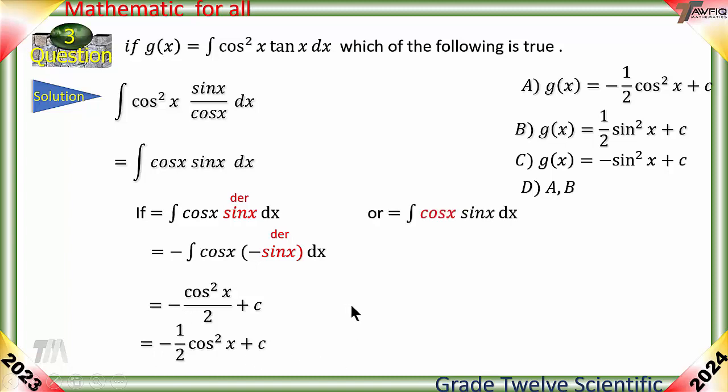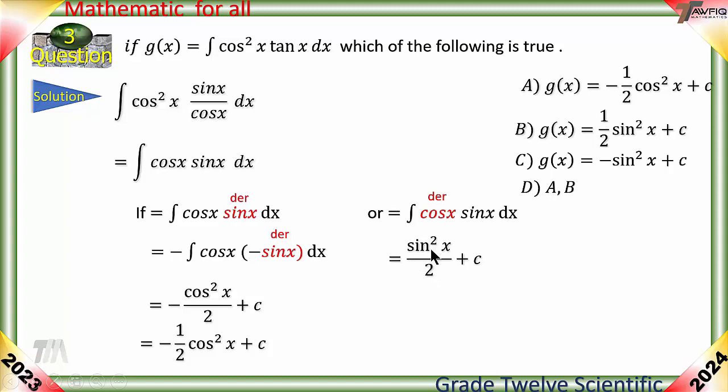Or we can take sine as the function and cosine as its derivative. So the derivative of sine is cosine. We only need to add 1 to the power of sine and divide by the new power.